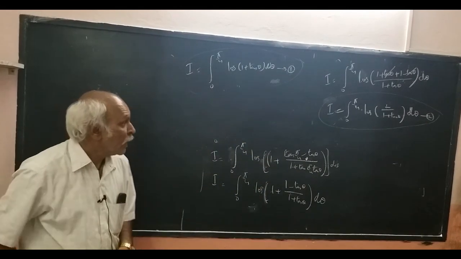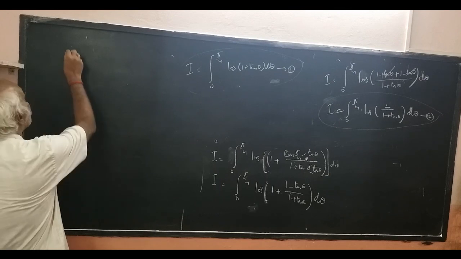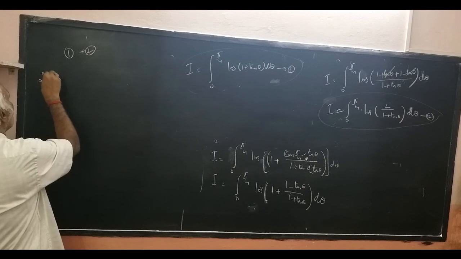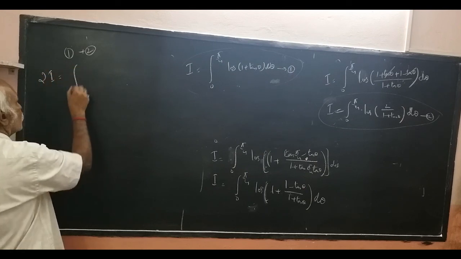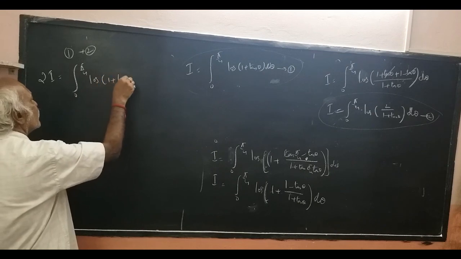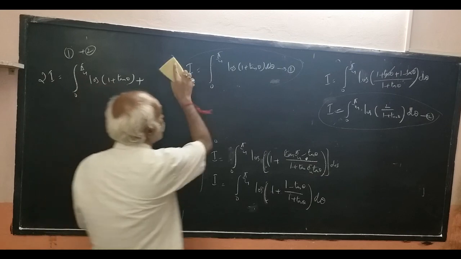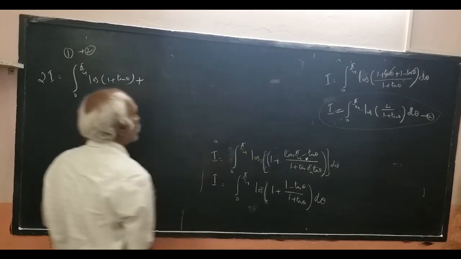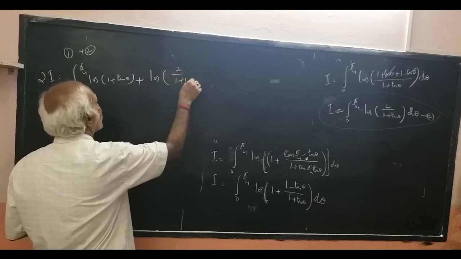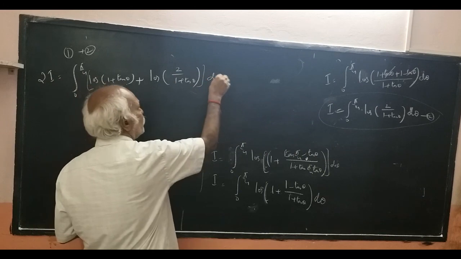Now I have added 1 and 2. Here 1 plus 2. 2i is equal to 0 to pi by 4 log of 1 plus tan theta plus log of 2 by 1 plus tan theta d theta, because both are 0 to pi by 4.